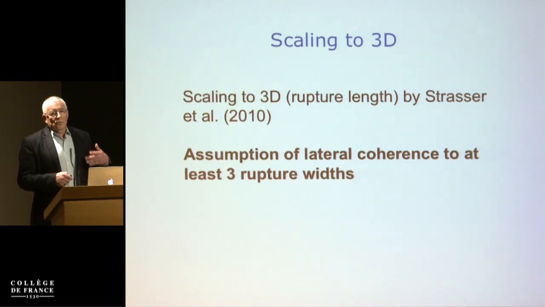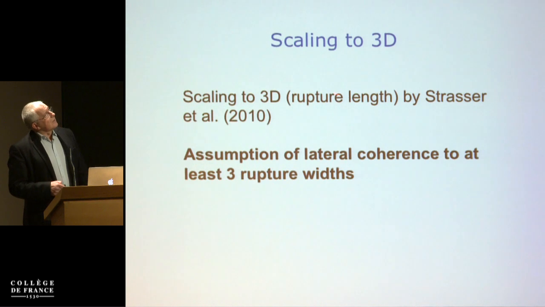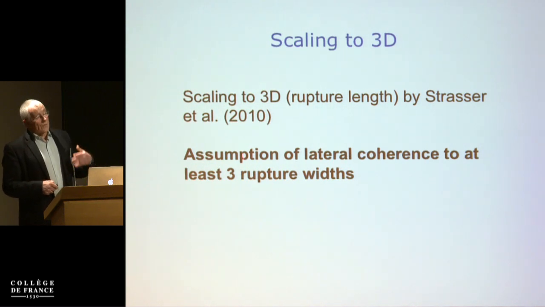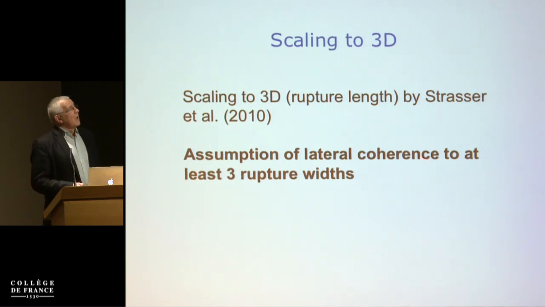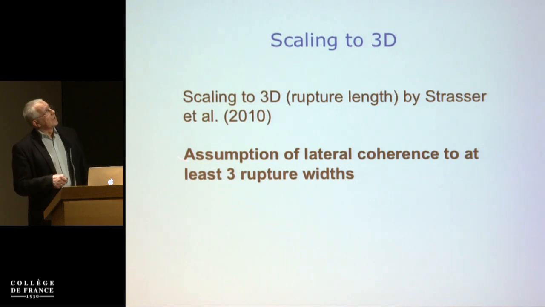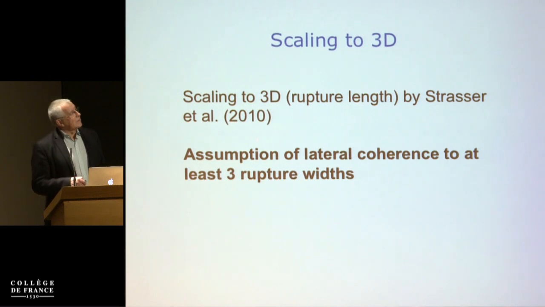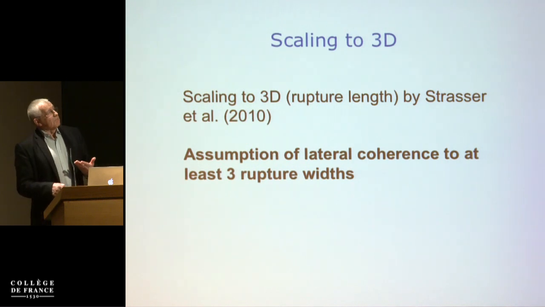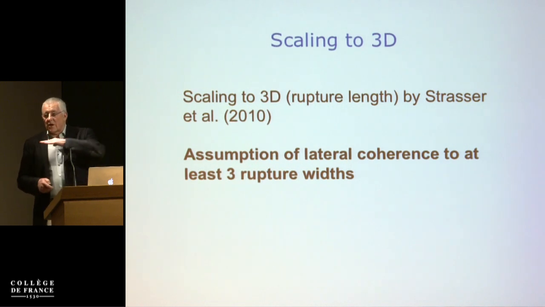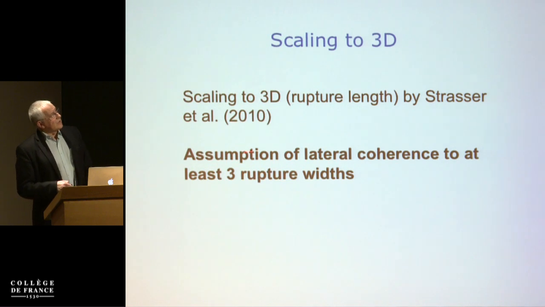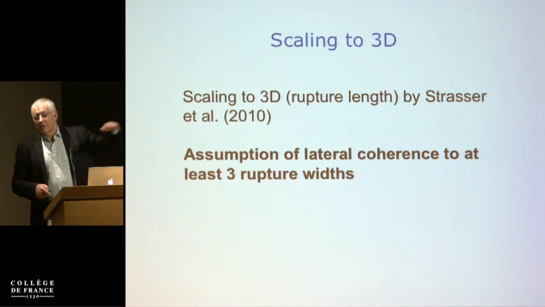Okay, to compare with real earthquakes, we have to scale our two-dimensional model to 3D. And we are using scaling by Strasser 2010. And actually, the hidden assumption in that is that we have a lateral coherency of our rupture to at least 3 rupture widths laterally.